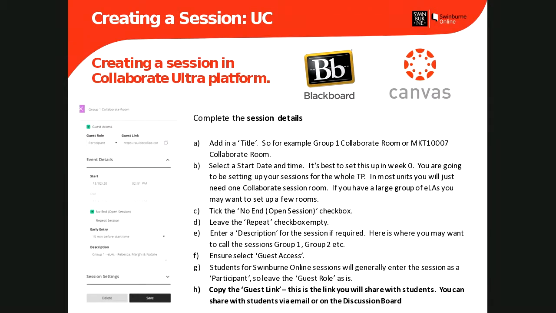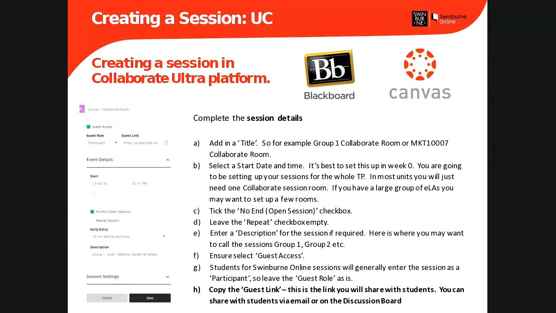The students will come into the session on this link as a participant. If this link is shared and an ELA comes in on this link, they will enter Collaborate Ultra as a participant. However, we can change that later, and I'll go through that in a little bit more detail soon.